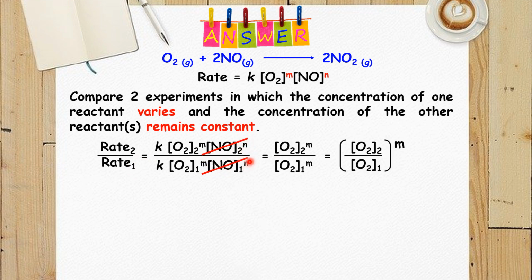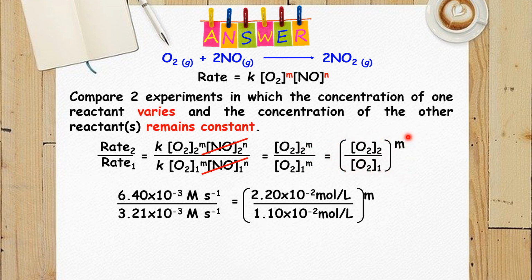Therefore, we can compare the concentration of O2 for experiment 2 with the concentration of O2 of experiment 1. Since the power here is the same, that is power of m, we can factorize and it becomes like this.